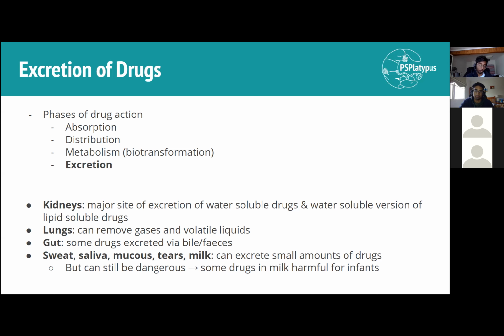So we can have water-soluble versions of lipid-soluble drugs as well. Lungs can remove gases and volatile liquids. Gut, drug excretion through bile or feces. Sweat, saliva, mucus, tears, milk can all excrete small amounts of drugs, and this can still be dangerous though, because some drugs in the milk can be harmful for infants, for example.